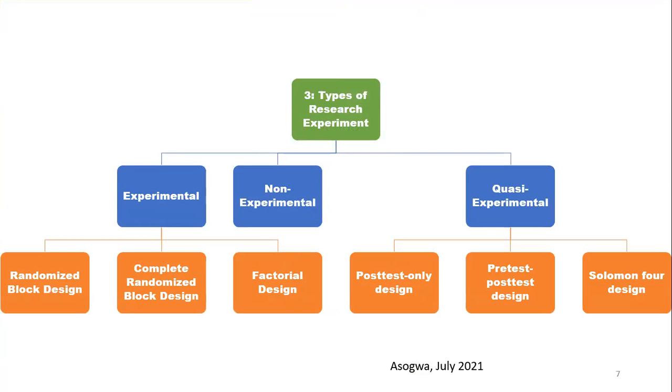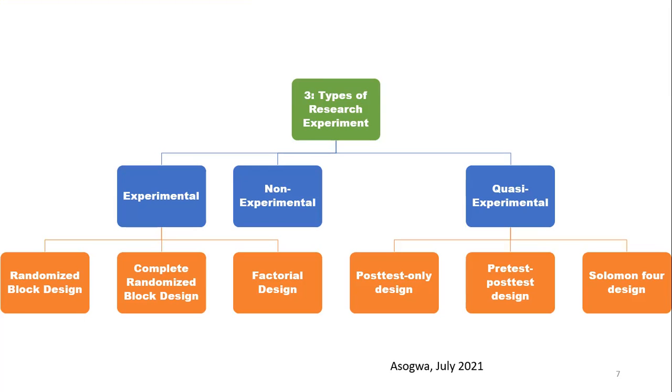Now we go over to types of research experiment. In this case, we have the experimental research, we have the non-experimental research, and we have the quasi-experimental research. The experimental research is designing or replicating a phenomenon whose variables are manipulated under strict control conditions.